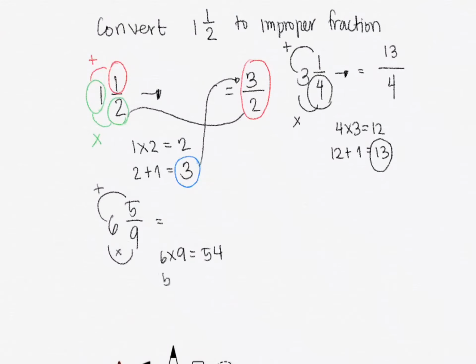So we have 54 plus 5 is equal to 59. Therefore, this final answer will be the new numerator. So we have 59 over the same denominator, which is 9. So therefore, 6 and 5/9 is equal to 59 over 9.